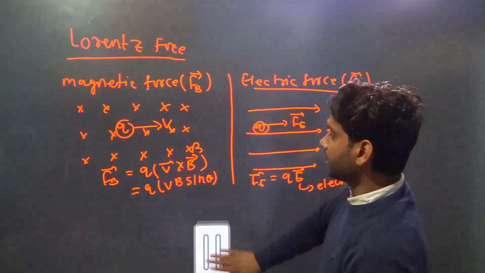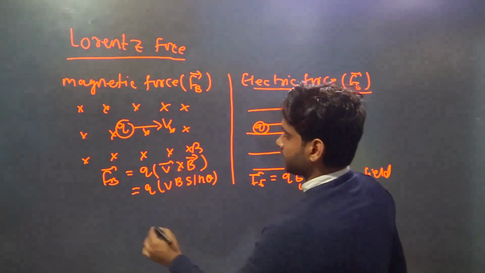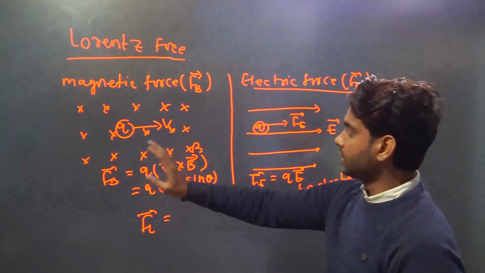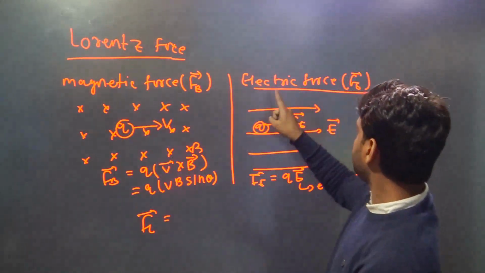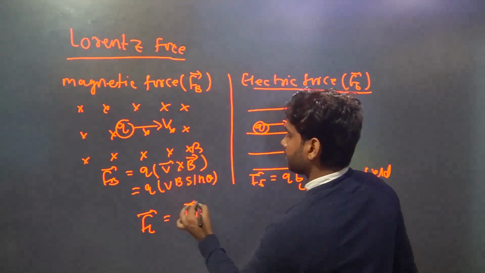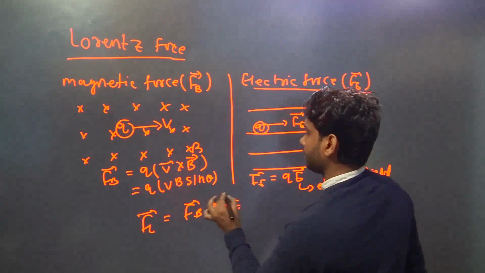Now for Lorentz force, the Lorentz force is basically the sum of this magnetic force and this electric force. So here, Fb plus Fe.